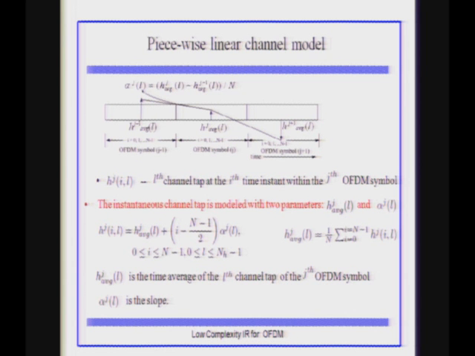Now remember H1. We had many different coefficients. So we come out with those coefficients from two parameters, the slope and the average value. And this model will work fine up to 20% normalized Doppler. But beyond that, you need a different, much more sophisticated scheme. If your Doppler is too high, the linear model will not work well.